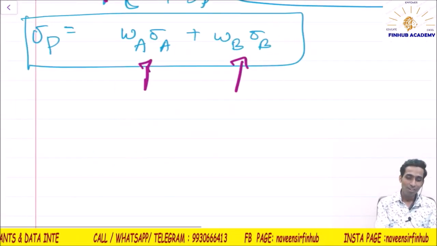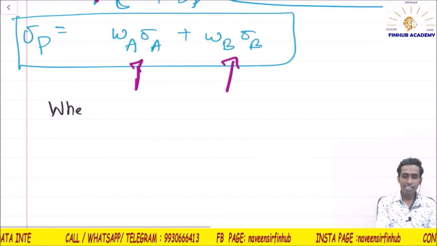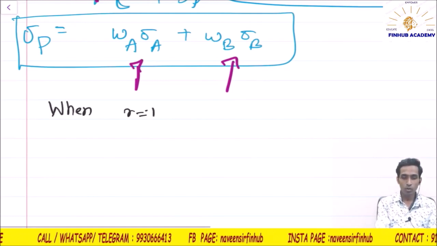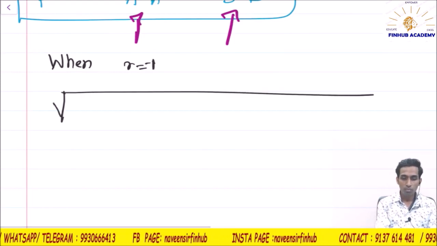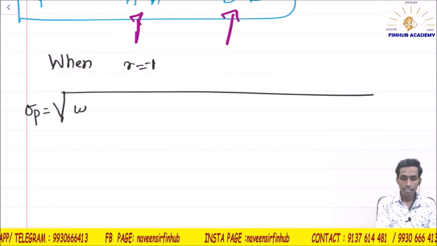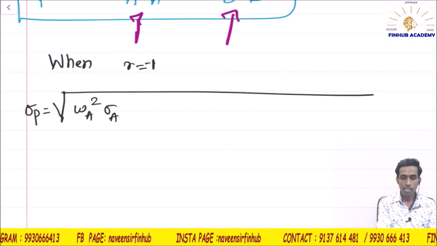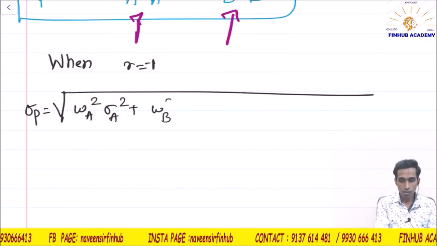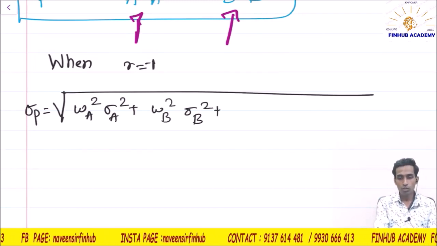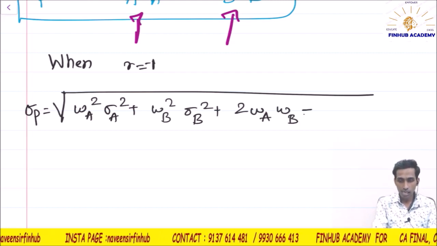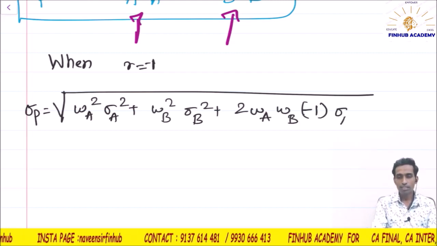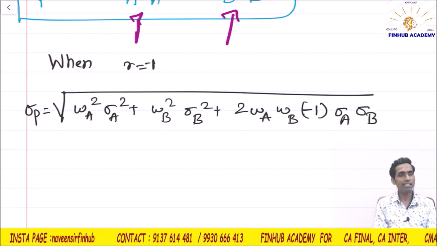That's it. When R is equal to -1, I'm not writing the whole formula again. So what will happen? Standard deviation of the portfolio is equal to the square root of weight of A square, standard deviation of A square, plus weight of B square, standard deviation of B square, plus 2 into weight of A into weight of B into R, that is -1, into standard deviation of A into standard deviation of B. Agree?